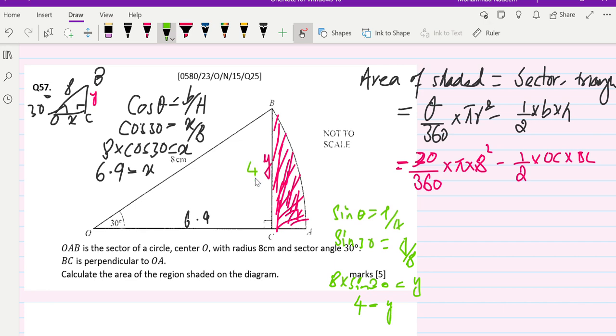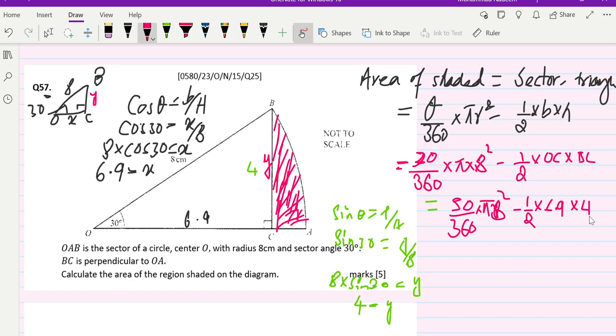Okay, so now we can plug in these values in the formula back to work out the area of the shaded region. So 30 over 360 multiplied by pi r, 8 square, minus 1 over 2 into 6.9 into 4. Let's plug in these values in the calculator.